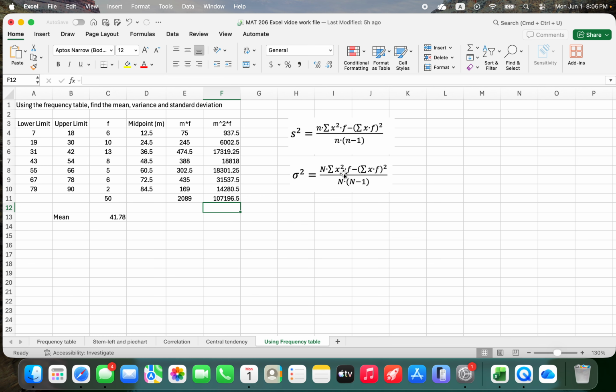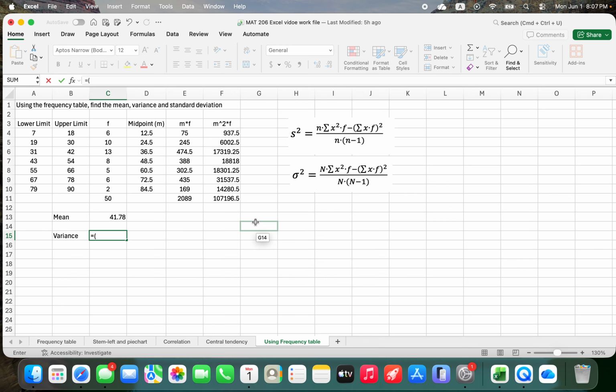Okay? So, unfortunately, we cannot utilize the variance or standard deviation formula directly. Instead, we are using this formula basically. Okay, so variance is equal to, and now I'm going to open the parentheses because the numerator has two different terms here.